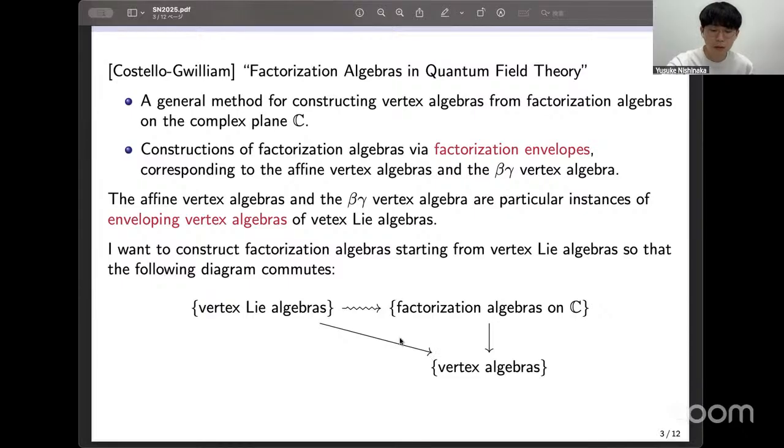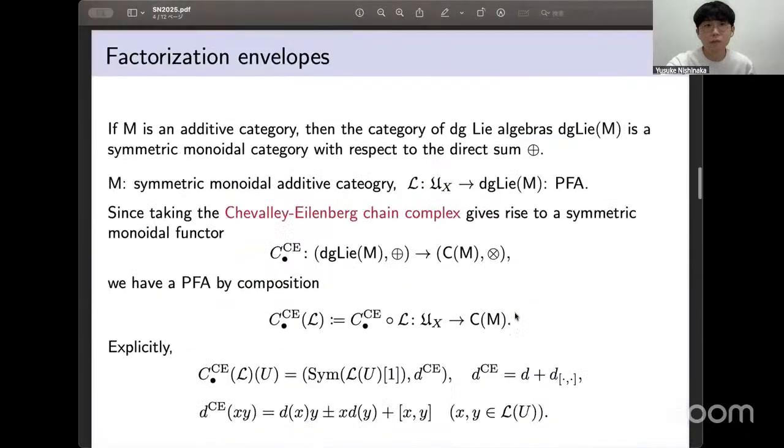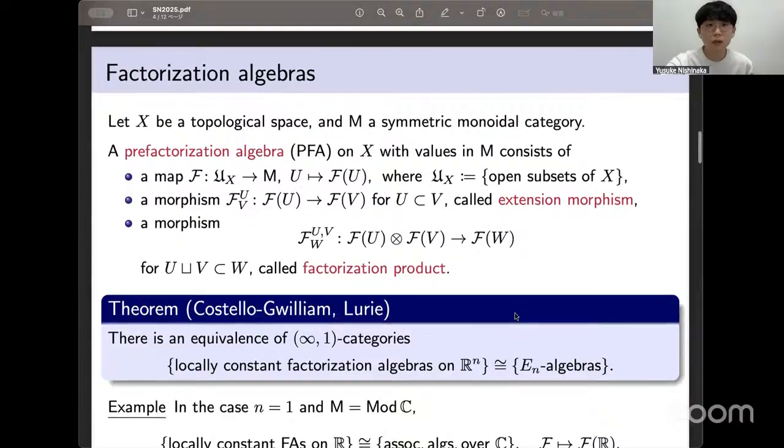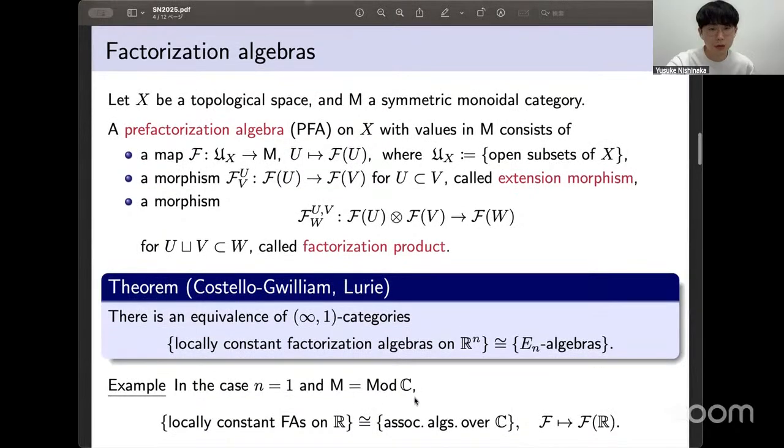So let me start with a brief introduction to factorization algebras and vertex algebras. Let X be a topological space and M a symmetric monoidal category. A symmetric monoidal category is simply a category with a tensor product, like the category of linear spaces.